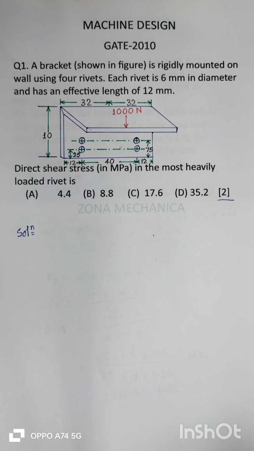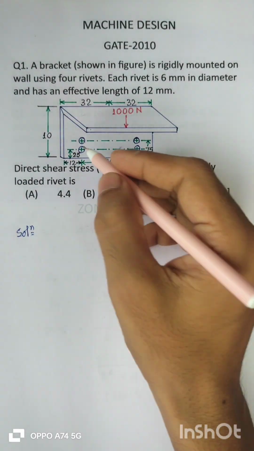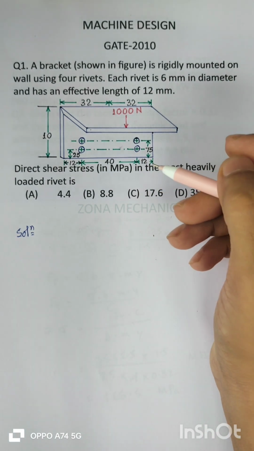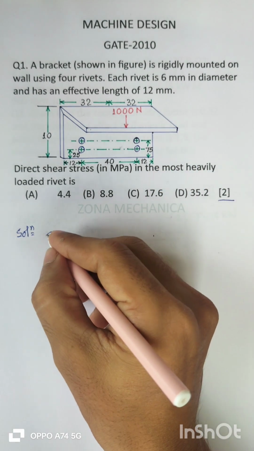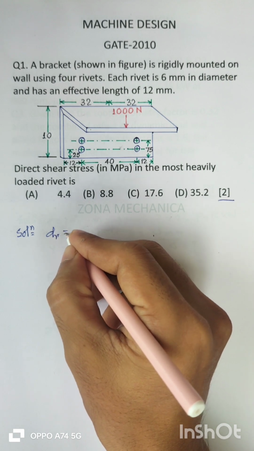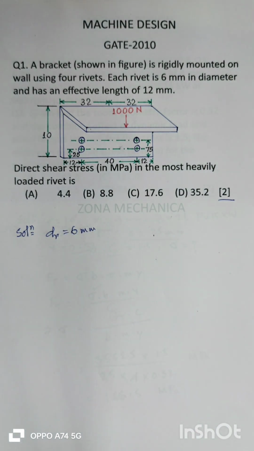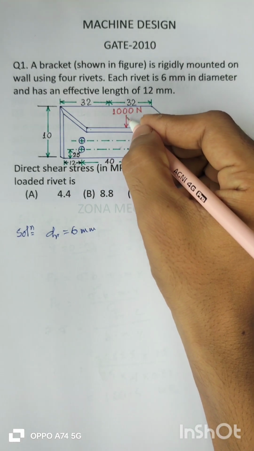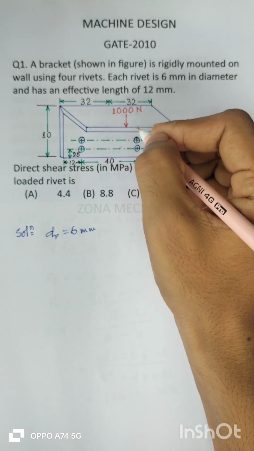Well, as you can see, this is an L-shaped bracket and there are 4 dedicated holes for rivets of 6 mm diameter. Okay, diameter of the rivet is 6 mm. And a load of 1000 Newton is acting at the top of the bracket.